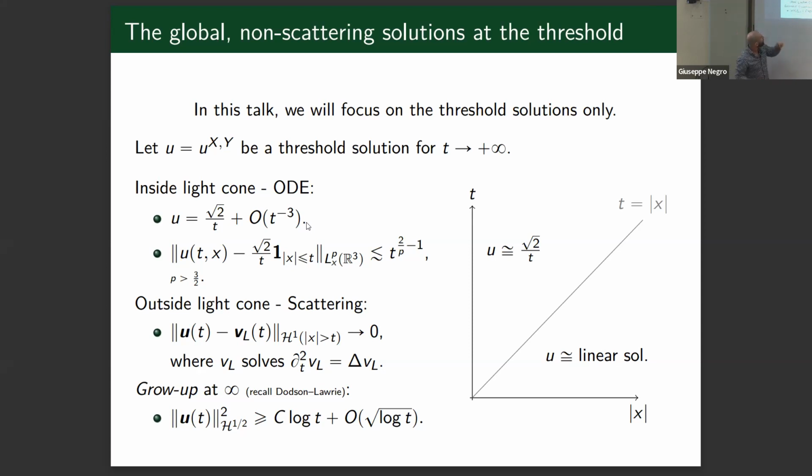We also do an L^p estimate inside the light cone, which goes to 0, provided p is sufficiently big. Outside the light cone, we see scattering. We have scattering in this H^1 sense, which is the energy space of the wave equation, but still. This is related to Ugo's question. So what does scattering mean? That when t goes to infinity, outside the light cone, this norm goes to 0.